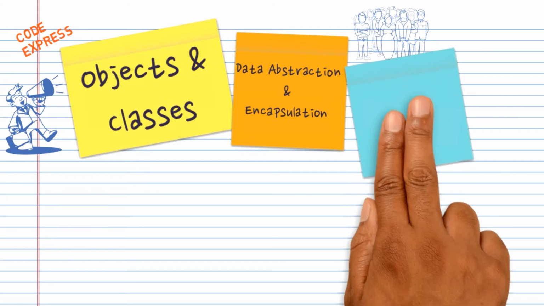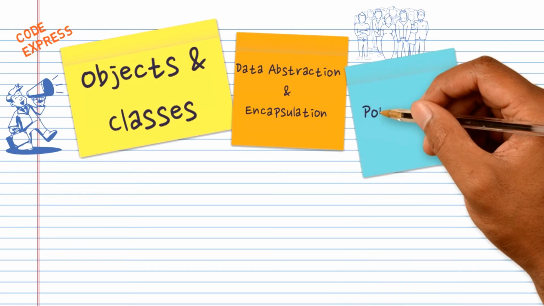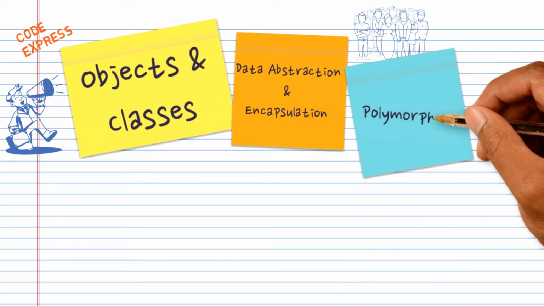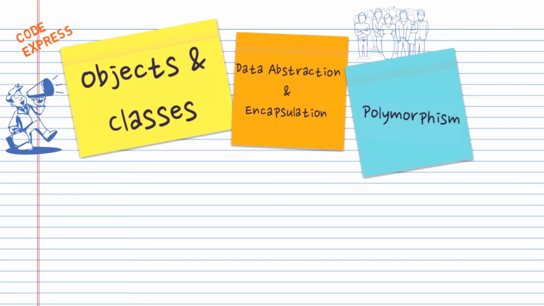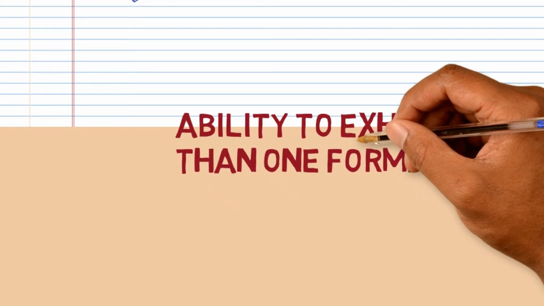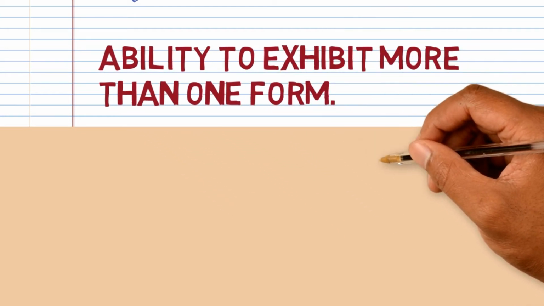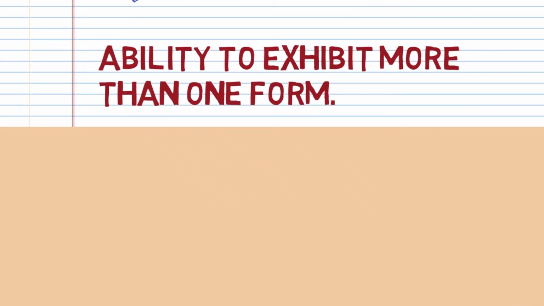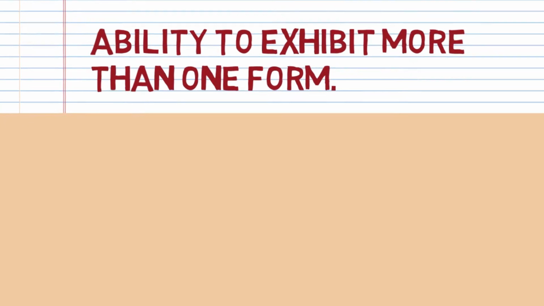Okay. Now we will be talking about polymorphism. So what does polymorphism mean? The word polymorphism deals with a variety of different forms, meaning something that can be expressed in more than one form. The ability to exhibit more than one form is referred to as polymorphism.